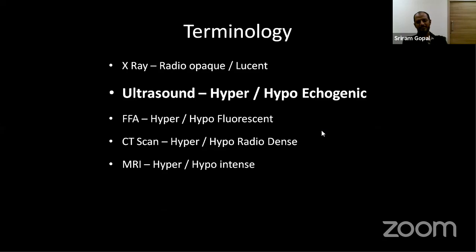It's echogenicity. If it's an FFA, you're talking of fluorescence, hyper and hypo. If it's a CT scan, it's radiodensity, hyper-radiodense, hypo-radiodense. MRI is hyper and hypointense. If you remember these 5 terms, you can literally interpret any imaging you're given. You need not really know what it is. You can always say there is a hyper-radiodense area here, etc. At least for the exams, that much should do.